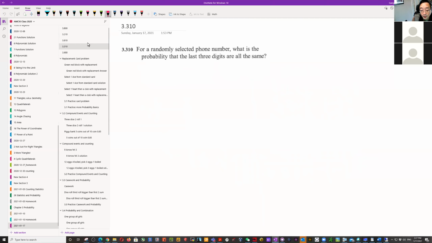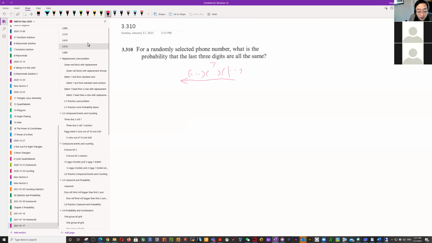If you view it as a probability event, all the previous digits do not matter. A phone number has 10 digits, like a 3-digit area code and then 7 digits, and how the previous 7 digits are selected does not matter.